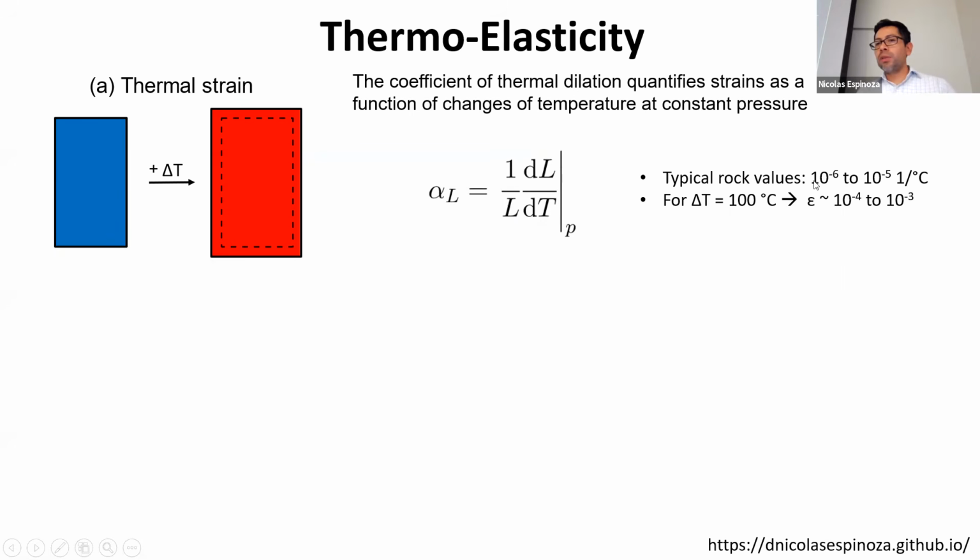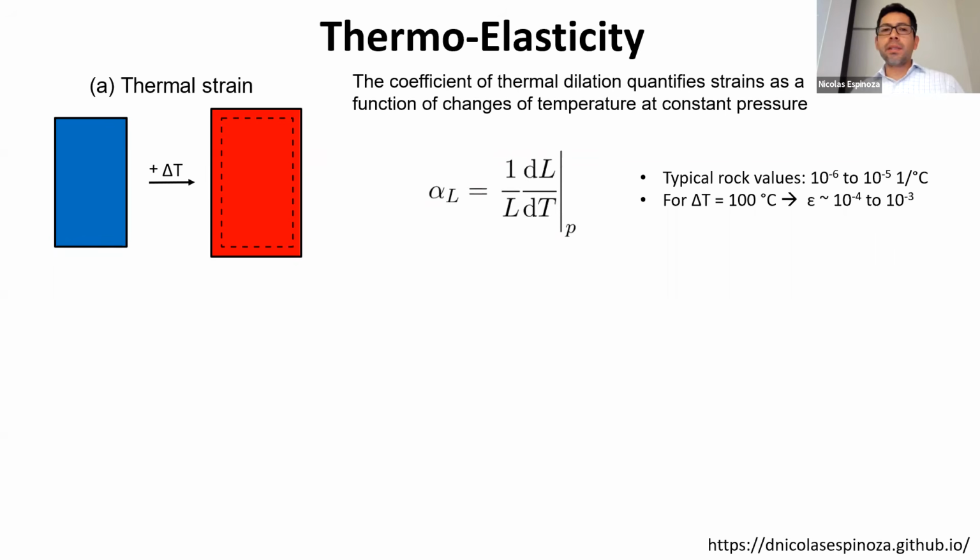Typical values of this thermal expansion coefficient for rocks are in the order of 10 to the minus 5 to 10 to the minus 6, 1 over degree centigrade, or Kelvin, which is the same. So for example, if you were to change the temperature of the rock by 100 degrees, as you might do in these geothermal projects, your strains will be in the order of 10 to the minus 4, or 1/10,000th, which seems relatively small, but it is not. And we're going to see the reason why.